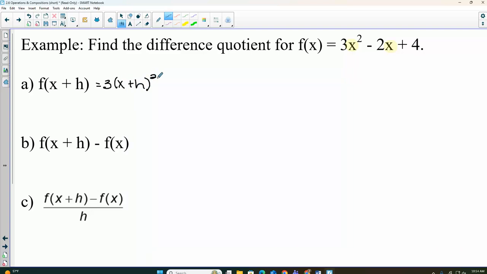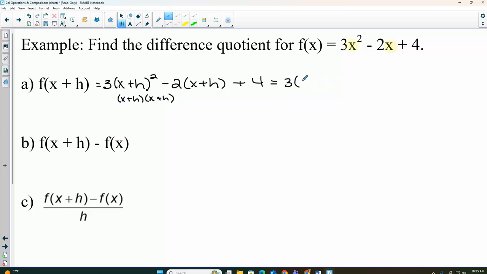So it's 3(x plus h) squared minus 2(x plus h) plus 4. If I want (x plus h) squared, we have to FOIL that.